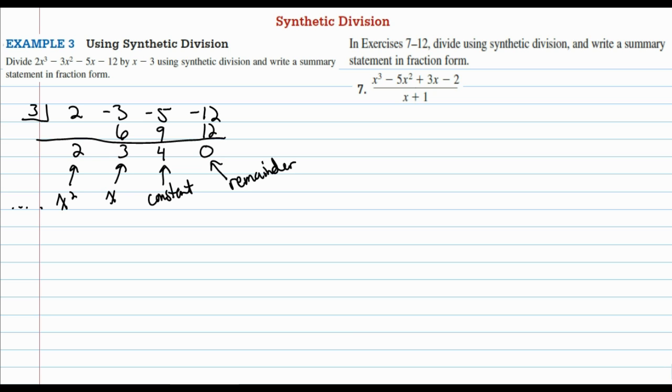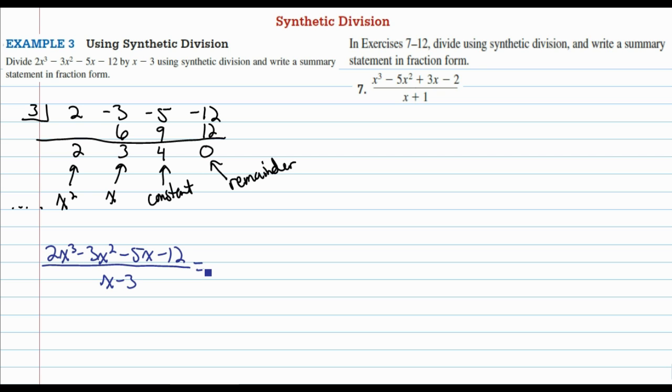Well, the end of this problem asks us to write a summary statement in fraction form. So my summary statement in fraction form has to start out with the fraction of division that I did. I did 2x cubed minus 3x squared minus 5x minus 12, and I divided that synthetically by x minus 3.